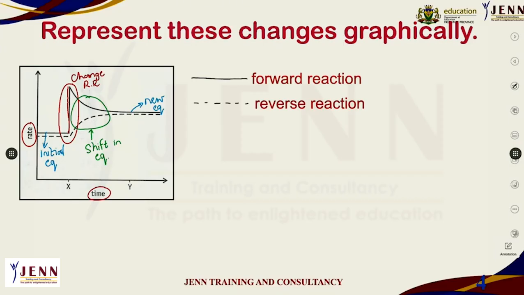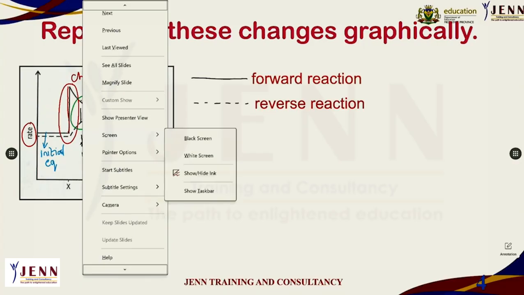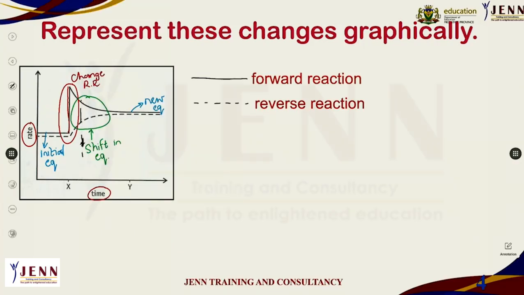So in this case, I can see there was a favor for the forward reaction, but the other line doesn't go up as well. Only the solid line went up, but the dotted line only made a bend.